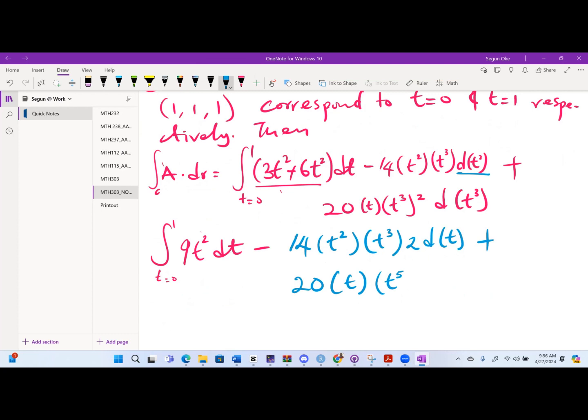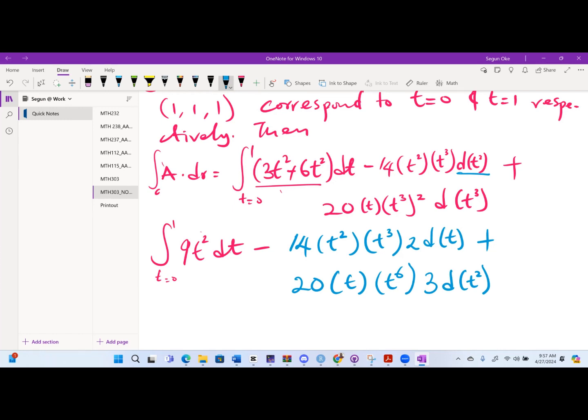No, t raised to power 6. This one will be 6. Then this one will be what? 3 dt raised to power 2. Remember, you've differentiated it. Do you agree with me? Yes, sir.